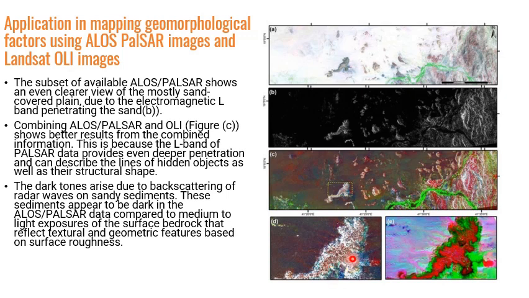So this is one very useful example. If you have radar images, you can use the radar and optical images combined to each other to have the application for geomorphologies.